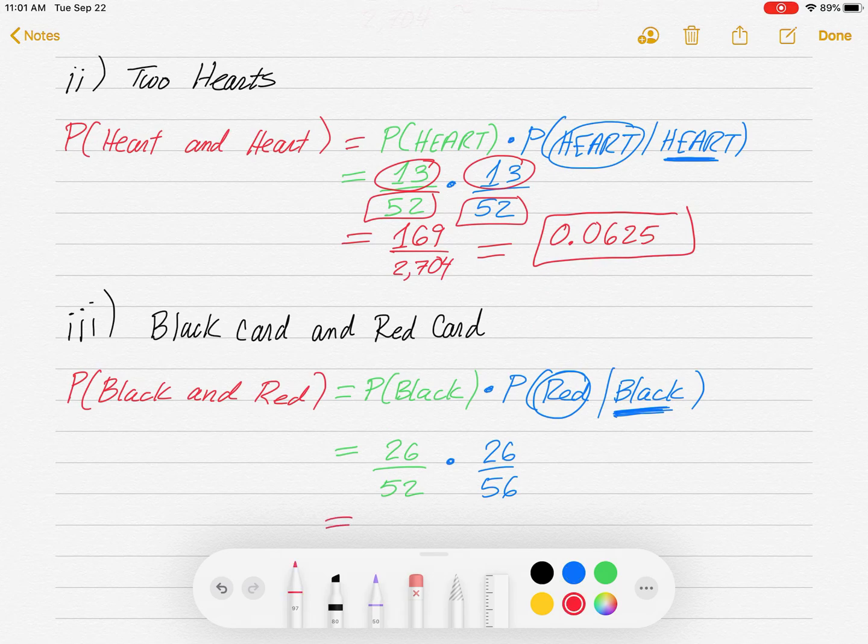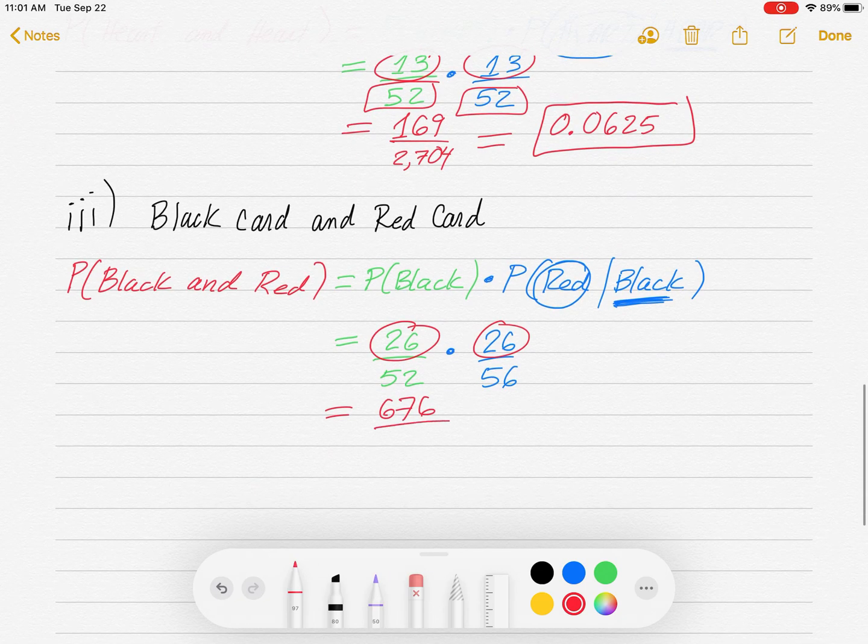If you multiply this all out, on top, 26 times 26 is 676. On bottom, 52 times 52 is 2,704.